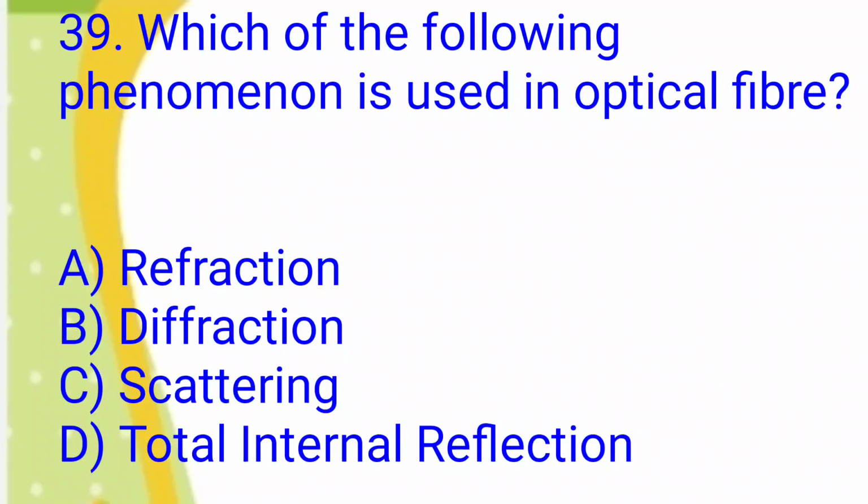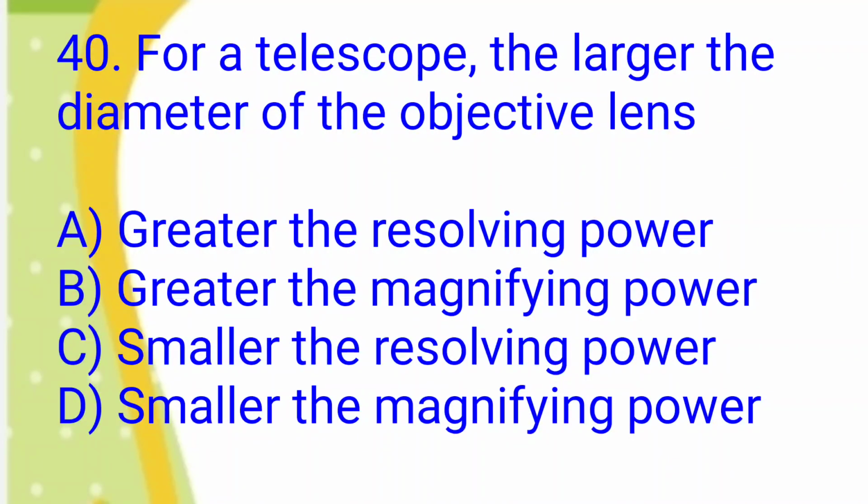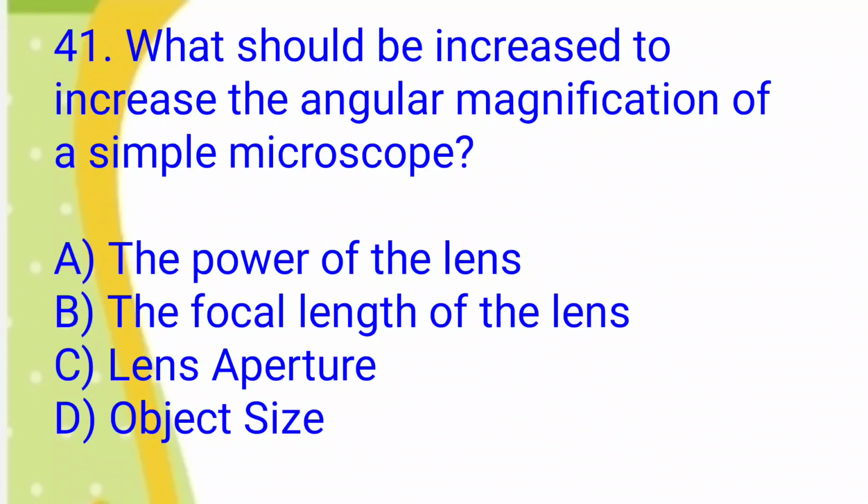Which of the following phenomena is used in optical fiber? Total internal reflection. For a telescope, the larger the diameter of the objective lens, the greater the resolving power. What should be increased to increase the angular magnification of a simple microscope? The power of the lens.